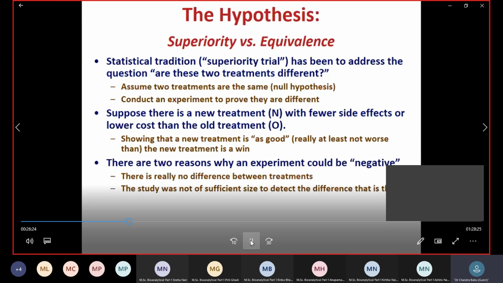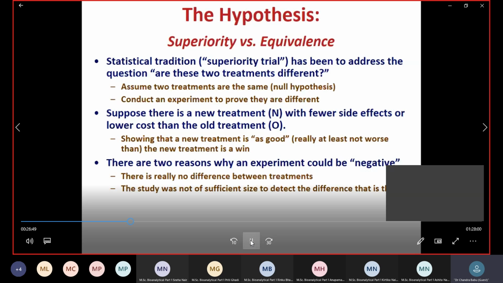This is important. If you're doing a superiority trial, trying to prove two things are different, I assume that they're the same. And the trial, I hate this word, is a negative trial. You don't see a difference. There are two reasons why it could be the same. The first reason is it really is the same.